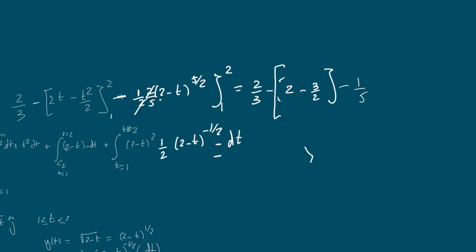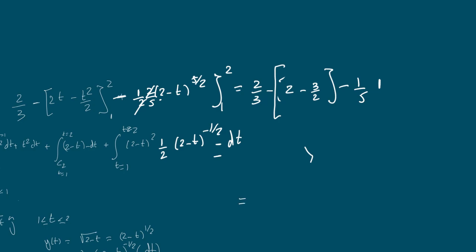Minus 1/5. I did the integral here, yes, I did the integral. So when t equal 2 will cancel. When t equal 1, 2 minus 1 is 1, and 1 to the 5/2 is 1. So it's minus 1/5 by 1.